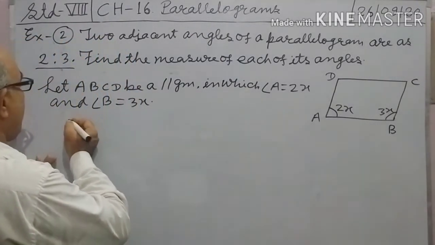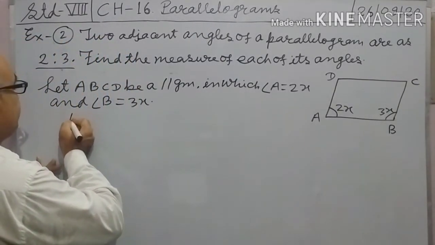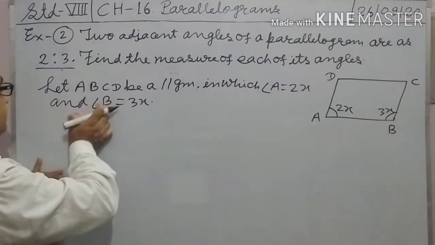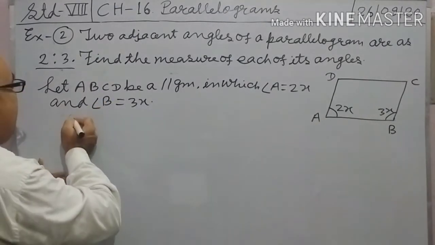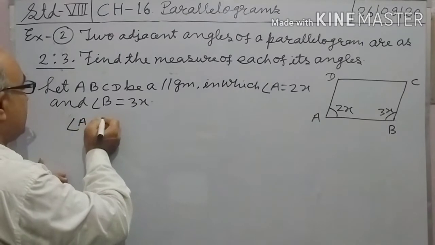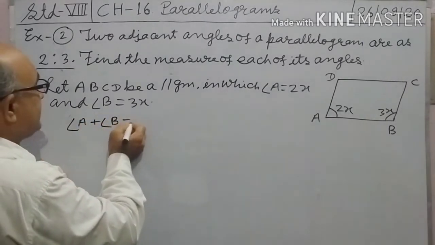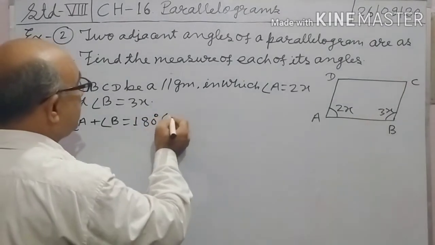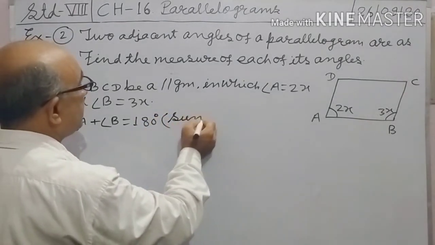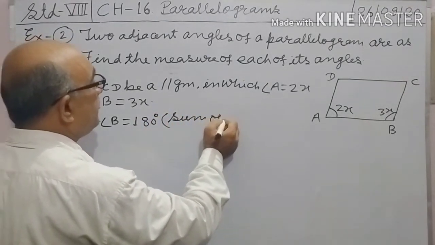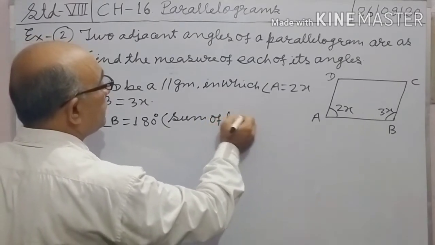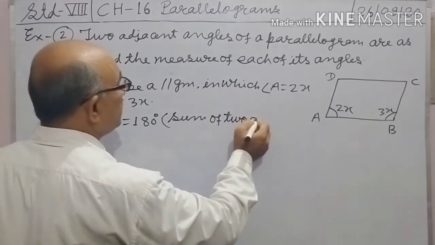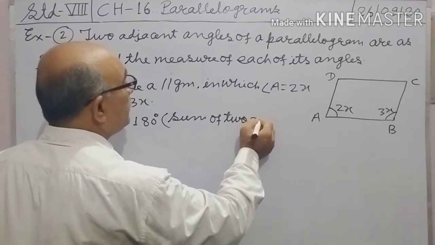So angle A plus angle B equal to 180 degree, sum of two adjacent angles.